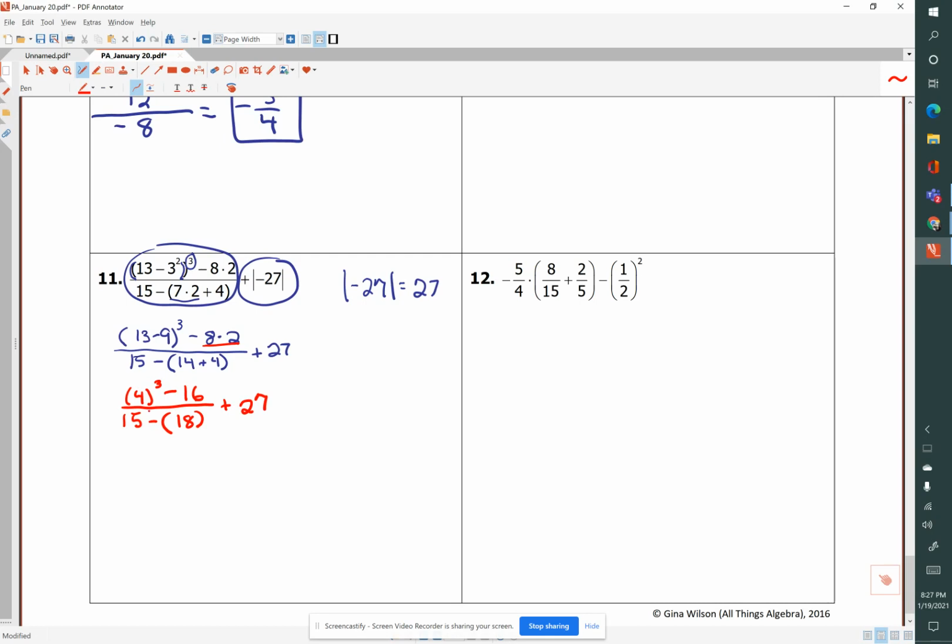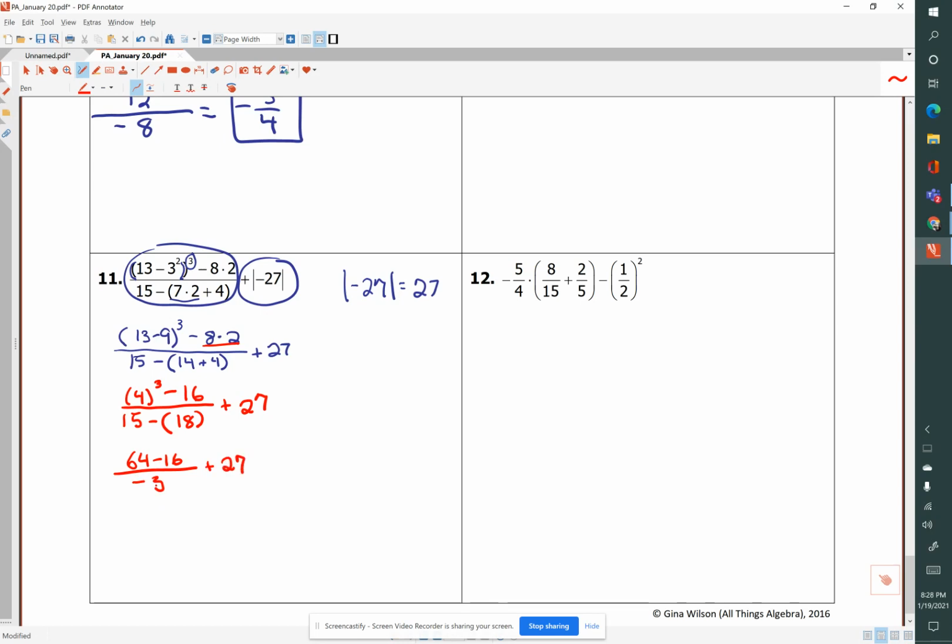Next step. 4 to the third power is 4 times 4 times 4, which is 64, minus 16. And that will be our numerator. Our denominator will be 15 minus 18, which is negative 3. And all of that will have 27 added.